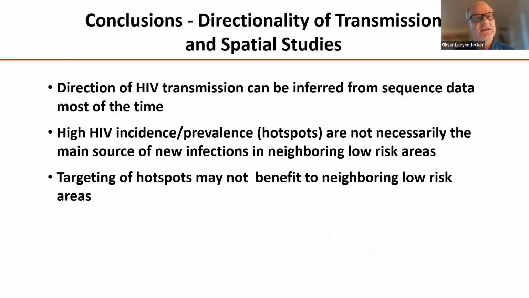But certainly it's very useful at a population level. And hotspots are not necessarily the main source of new infections in the neighboring lower prevalence areas. And so targeting hotspots may not benefit the lower prevalence areas directly.